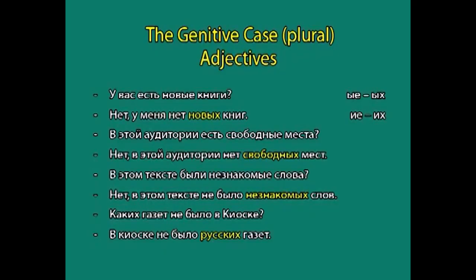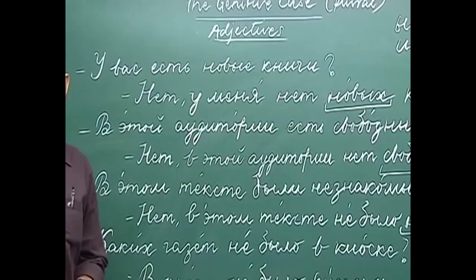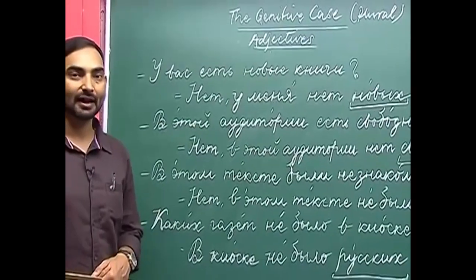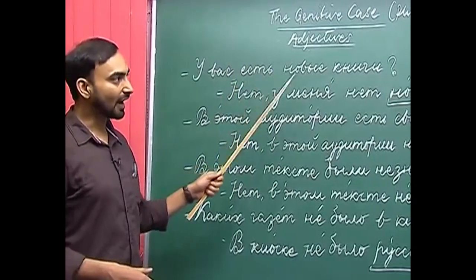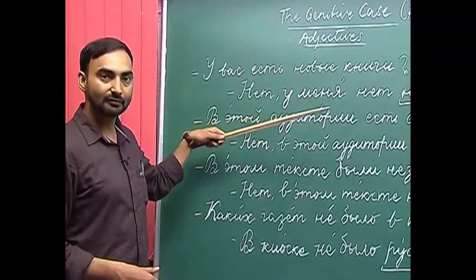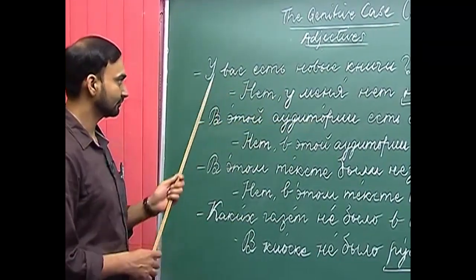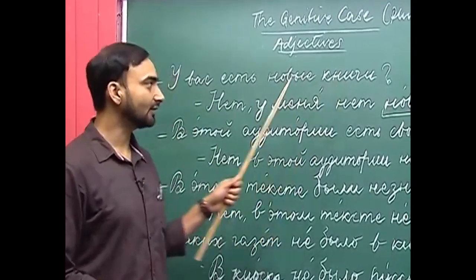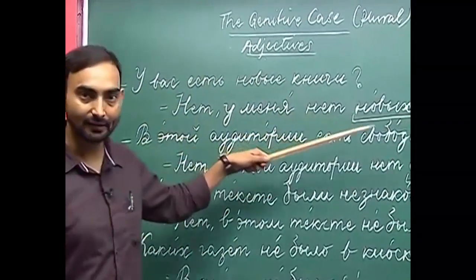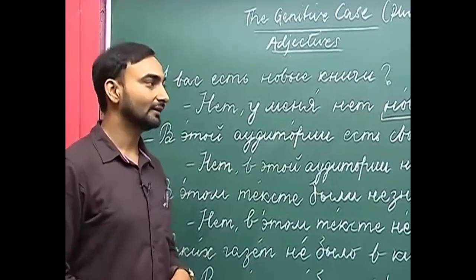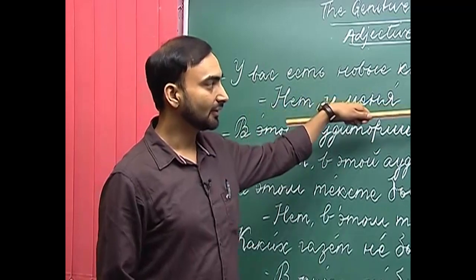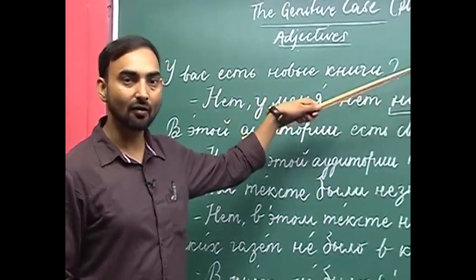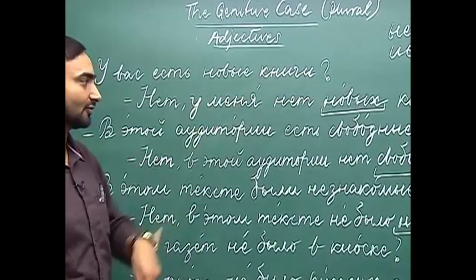When we use an adjective with a genitive plural noun, how are we supposed to change or decline that adjective? We will look at the changes in sentences. I have written a question here and then an answer in negative, and as you already know, negative answers use the genitive plural or genitive singular of nouns.